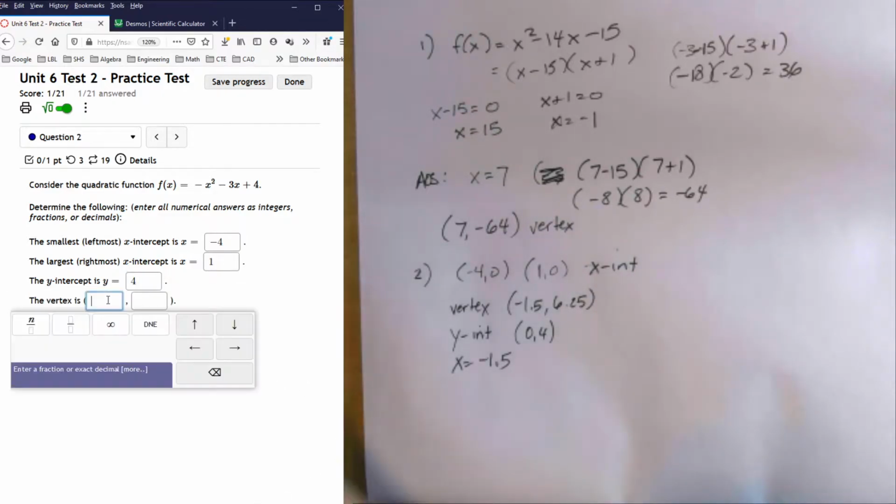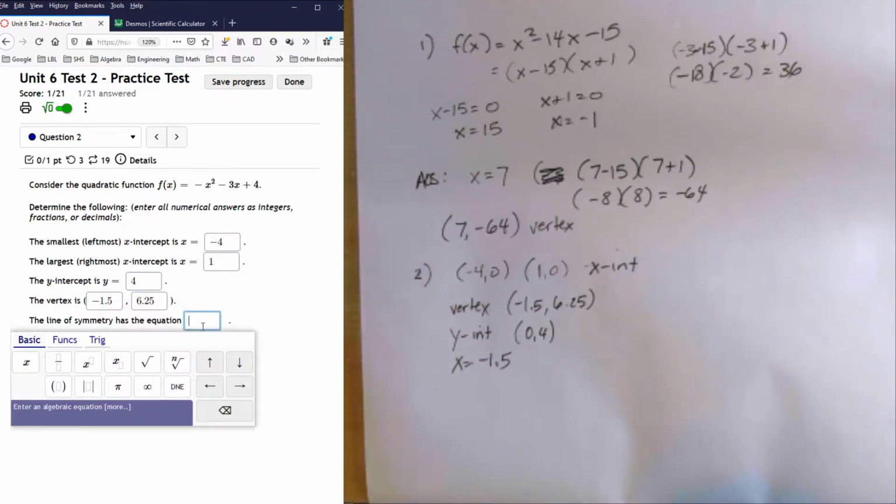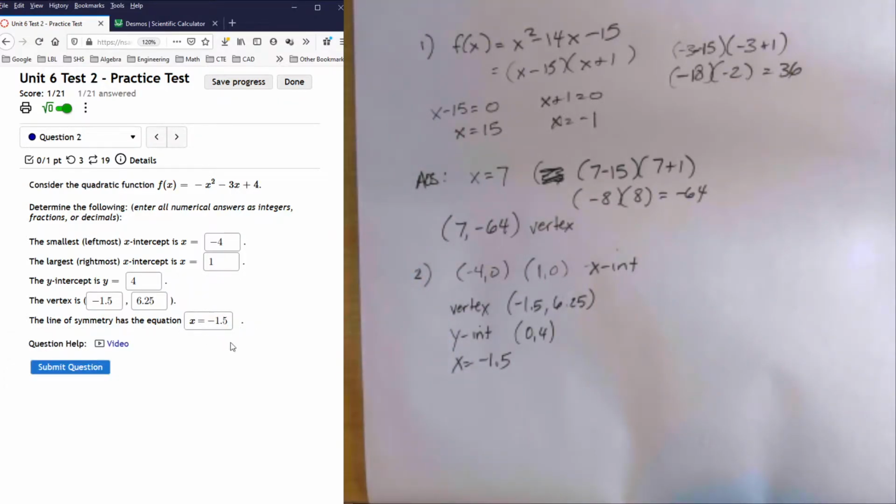The vertex is at negative 1.5 was the x value, and the y value was 6.25. And the line of symmetry is going to be x equals negative 1.5. Now we need to make sure and put that x equals in there, right? Because that's an equation. It has to have an equal sign in there. So we don't just want to put the number in there.